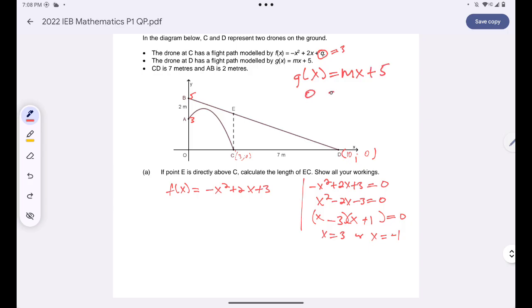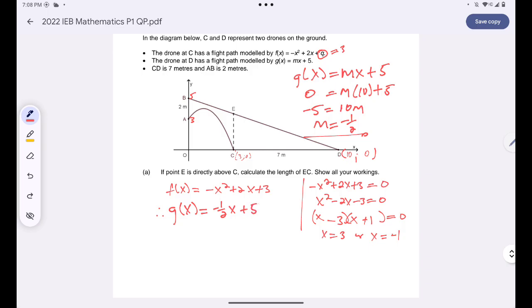I know that y is 0 whenever x is equal to 10. So I'll just take the 5 to the other side. It will be negative. Then I'll have 10m. Therefore, m is just equal to negative 1 over 2. So this simply means that the graph of g is equal to negative 1 over 2x plus 5.